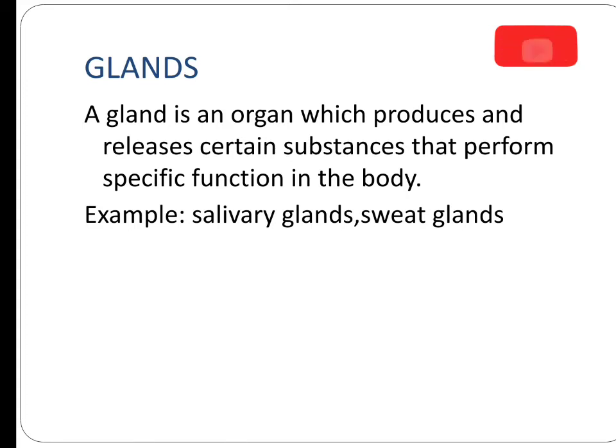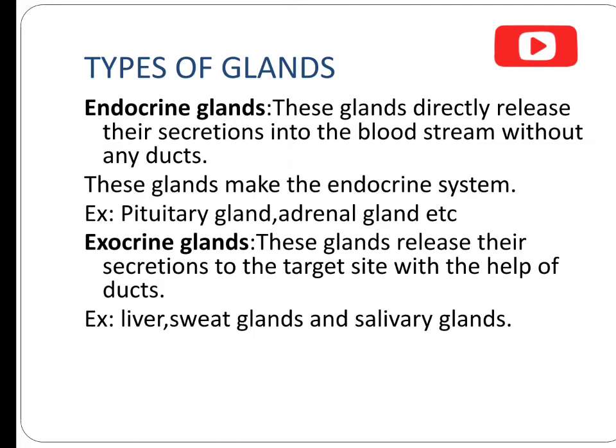Now let us know about the different types of glands. So you see, these glands are of two types. One is the endocrine gland. These endocrine glands are ductless glands, meaning they don't have ducts. They directly release their secretions into the bloodstream without any ducts.